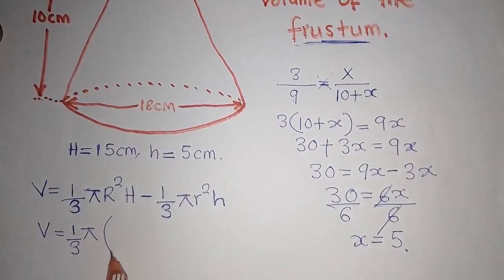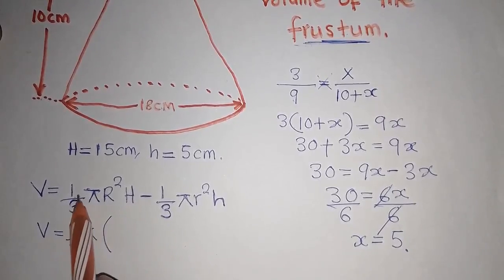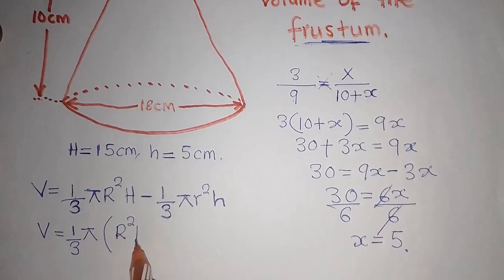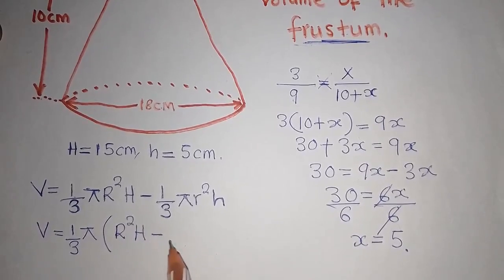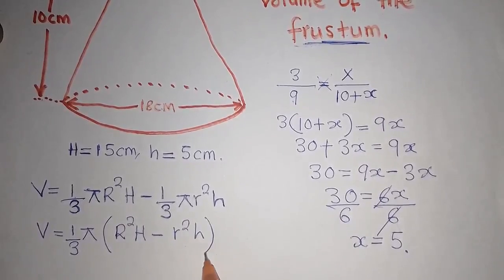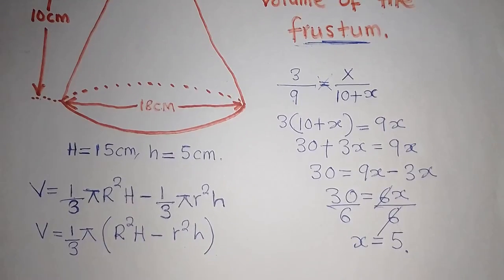Then if you remove 1 over 3 and the pi, what are you going to remain with? R squared h minus r squared h. This is what you are going to remain with. So you can use this formula or you can use this one. These are just one and the same formulas. I've just factorized what is common here so that I work it out properly.